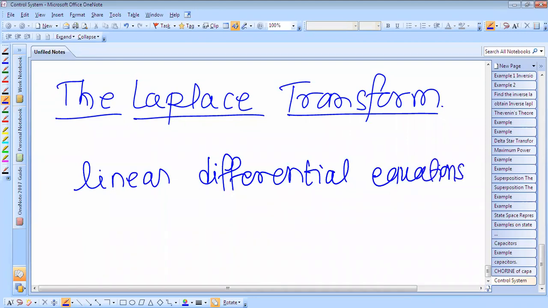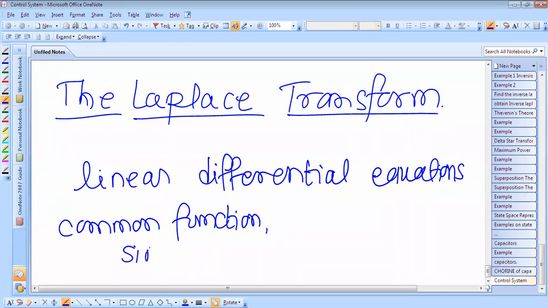And by the use of Laplace, we can convert the common functions. What are the common functions? Common functions are, for example, the sinusoidal function. This is commonly used, that's why it is called a common function.